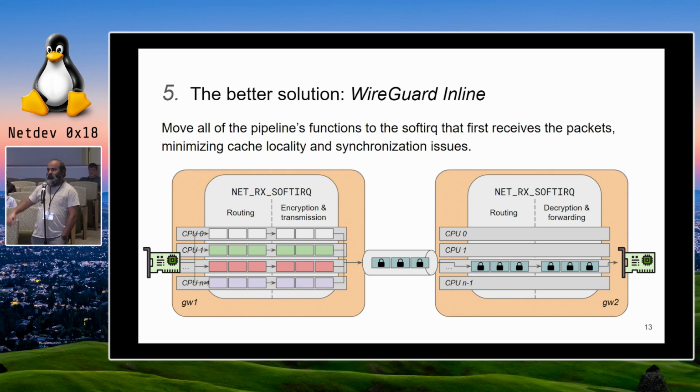So in the WireGuard inline design, we are not using threaded NAPI, but for the receive side, there is still technically a second NAPI polling instance, which most likely will be run on the same software queue of the one that actually first received the packet. So if we look at this side of the slide, there's going to be, in most cases, a single network software queue that runs two polling functions.